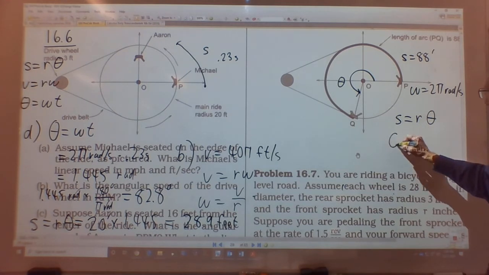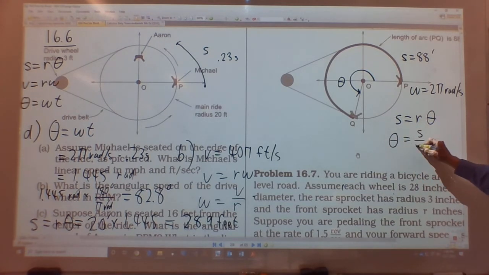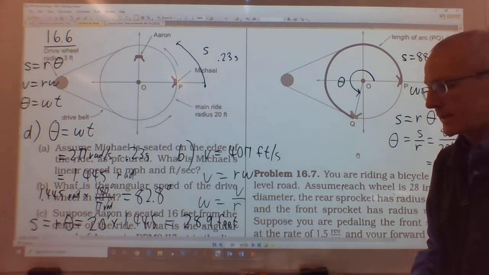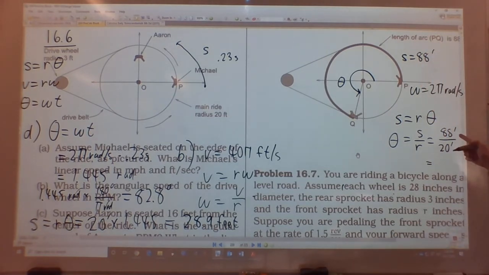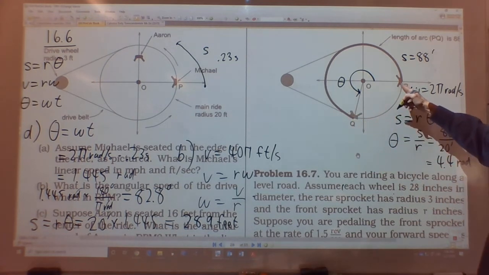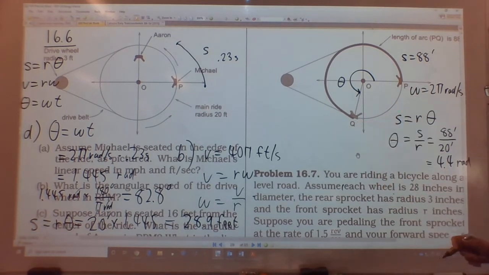So theta is S divided by r, which is 88 feet divided by 20 feet, which is 4 and 8/20ths, which is 4.4, right? 8/20ths is like 4/10, yeah, 4.4. So it's 4.4 radians. A full circle is 6.28, right? 2 pi radians, so 4.4, yeah, sure, that looks about right. So theta is 4.4 radians.